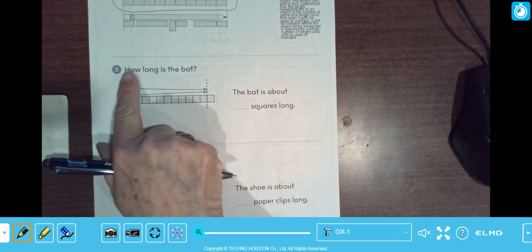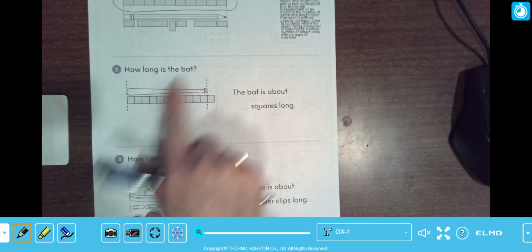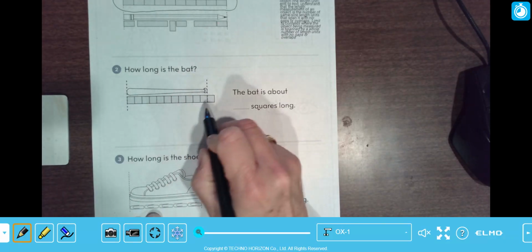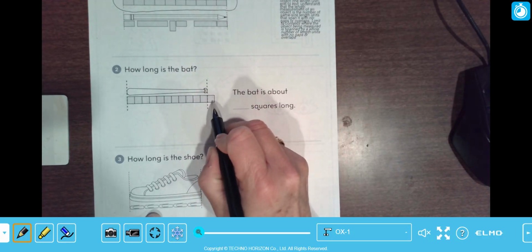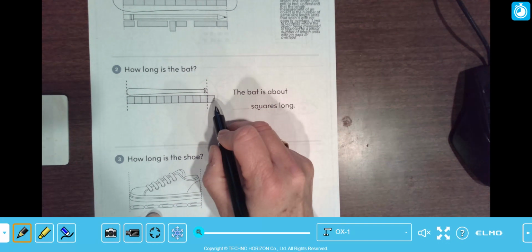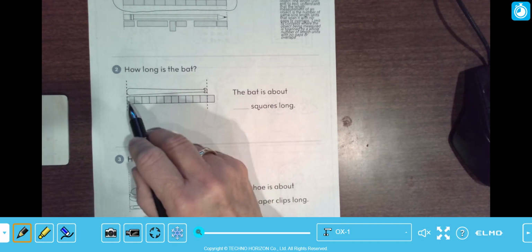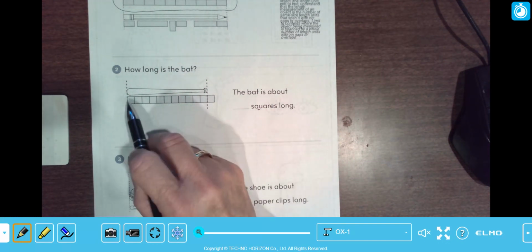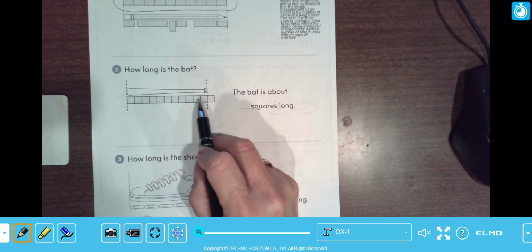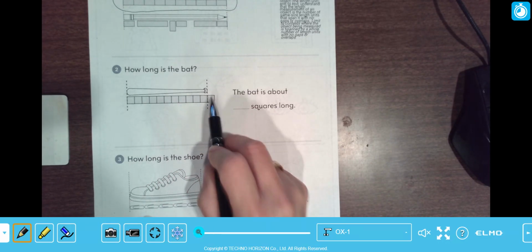Okay, this one says, how long is the bat? So you see the bat starts being measured from here and stops right here. We don't count this one because the bat stops here. We can't keep counting after the bat stops. So go ahead and count how many units this is, from here all the way to here. And don't count this one.